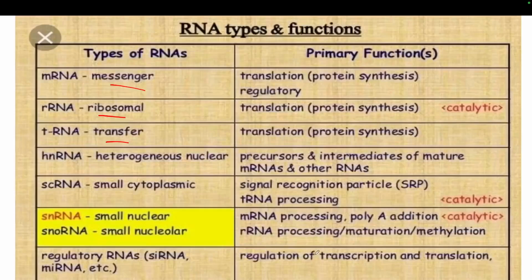We will see this after transcription: once the transcript is produced, processing should happen for removing the intronic part, and that is where this RNA plays a role. And inside our body, when we want to silence a particular protein expression, we can use siRNA and miRNA.